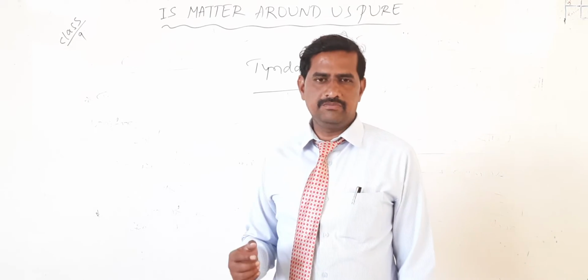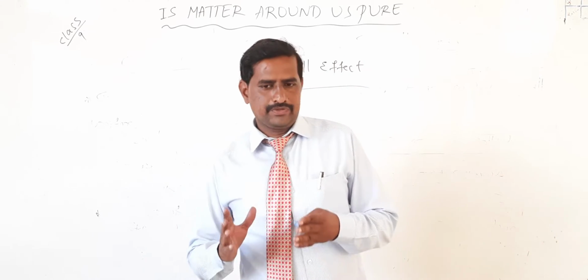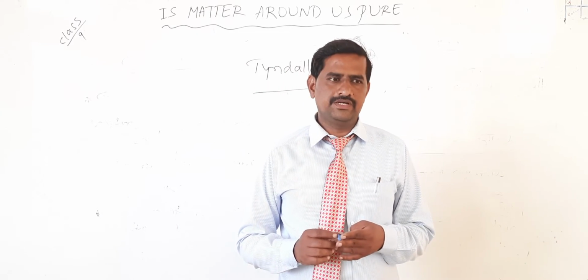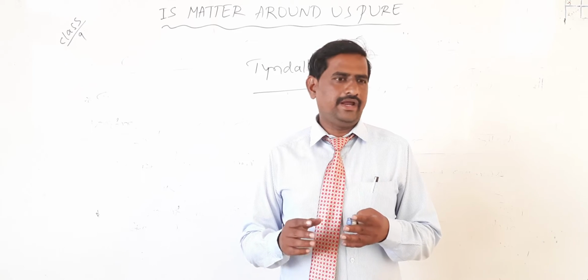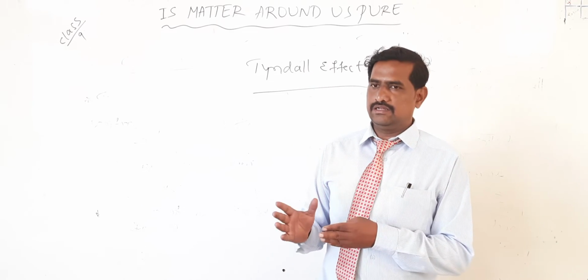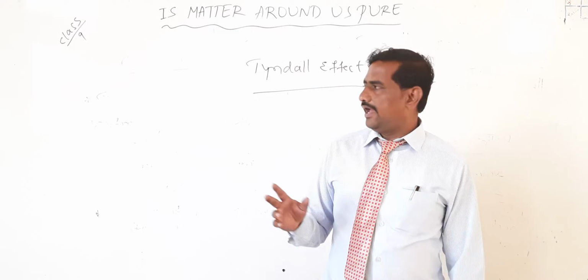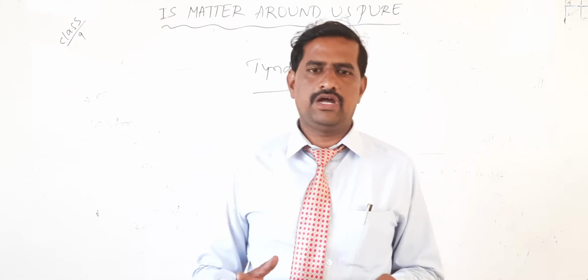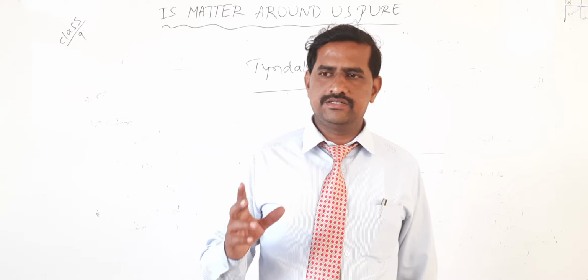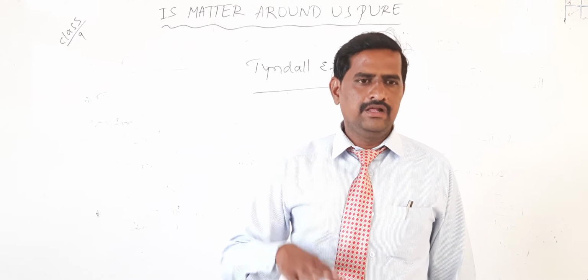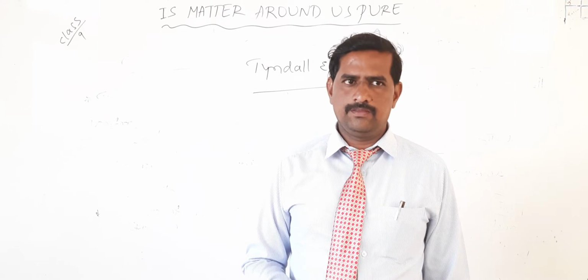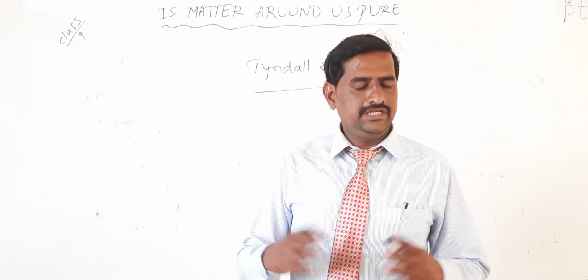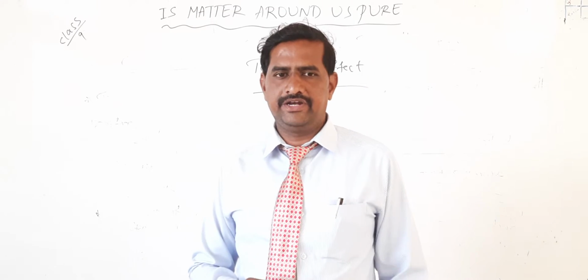Suspension is where solid particles are dispersed in a certain bulk. If it is left undisturbed for some time, the suspended particles settle at the bottom, and we can easily separate them with the help of filter paper.